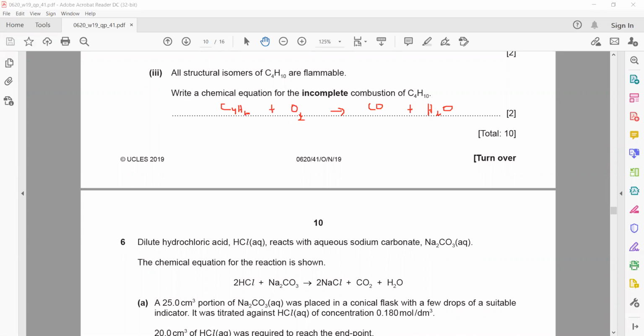To make it 9 oxygen atoms, what do I have to write? I have to write 4.5. Whenever I have to write a decimal like 4.5 or 3.5, I'll multiply the whole equation by 2. So it will become 2C4H10 plus 9O2 gives 8CO plus 10H2O.